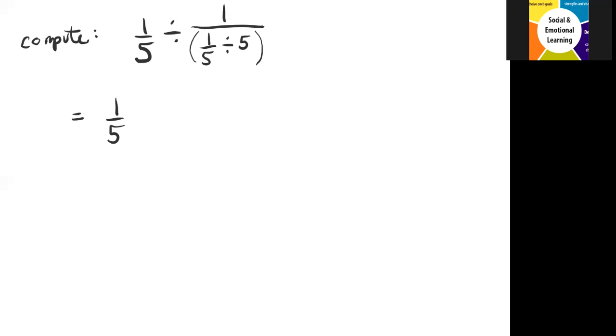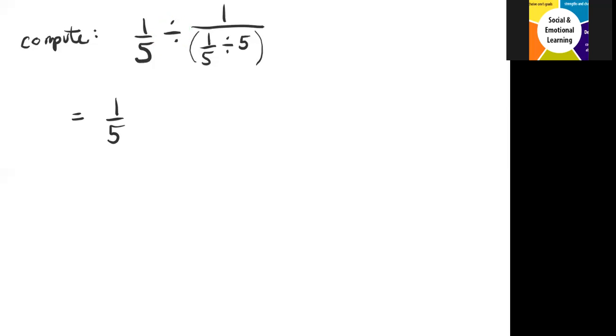Well, I know that I have to convert it to multiplication, right? If we divide by something, we're going to be multiplying by the something's reciprocal. So what can I replace here? Let's change this division sign to a multiplication.